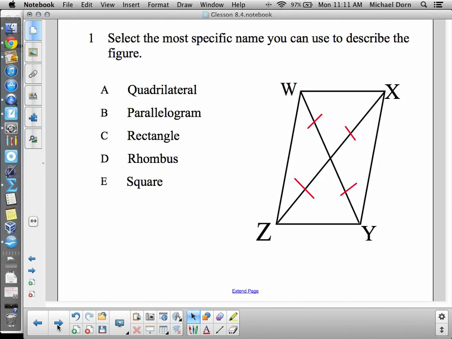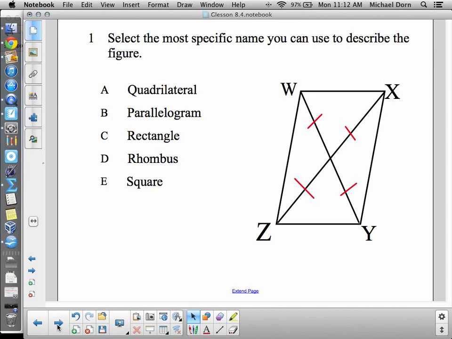All right, select the most specific name you can use to describe the figure. Just plain old quadrilateral, parallelogram, rectangle, rhombus, square. The figure is not necessarily drawn to scale. Use the facts given to make a conclusion. What type of shape would we have in that picture? First question you ask, are the diagonals bisecting each other? Yes, so it's at least a parallelogram.